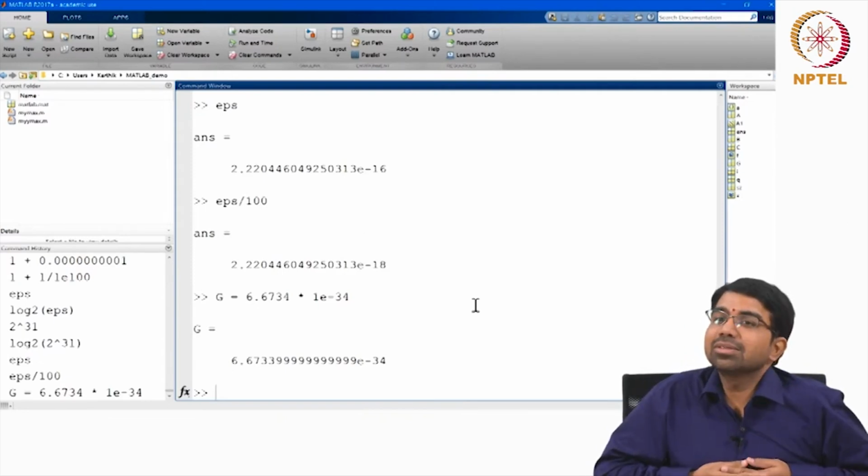So, basically you do not have a uniform number line. The number line increases in resolution in some places, decreases in resolution in some places.